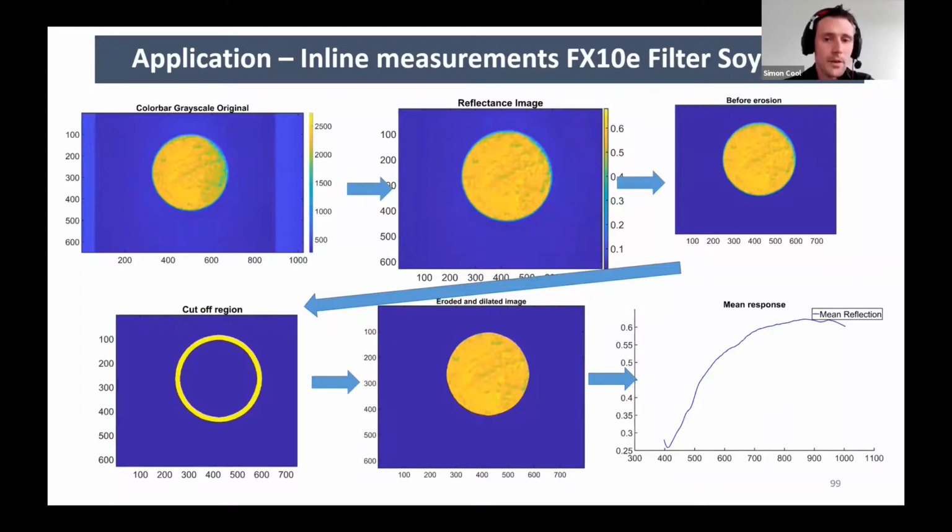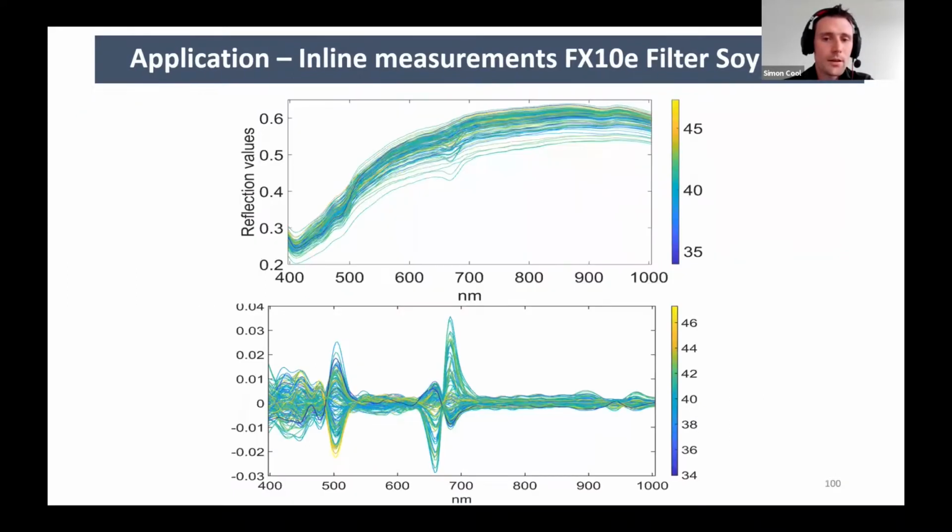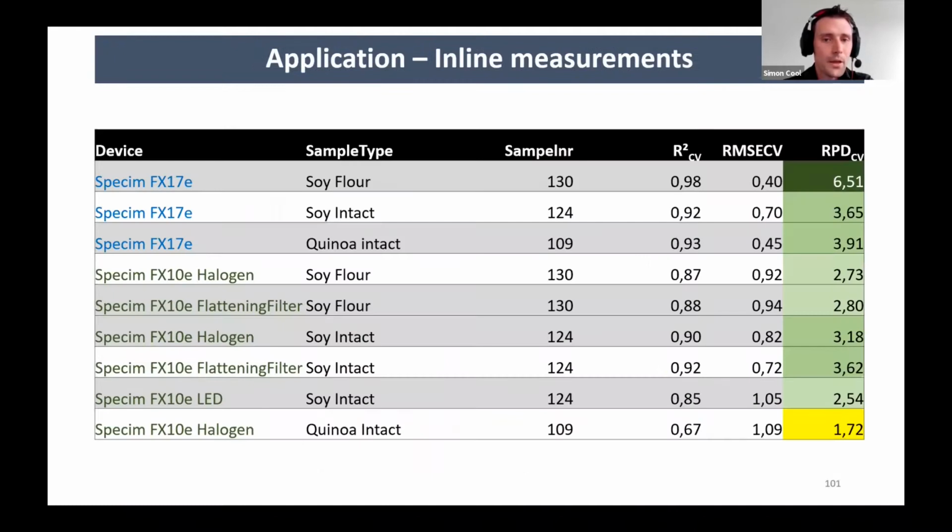But the same workflow is applied and a spectrum is obtained. Here you see the pre-processed and the raw spectra again. You see that there are clearly some differences with respect to the protein content, which is represented by the color in these images. And here you see the results obtained with the sensors.